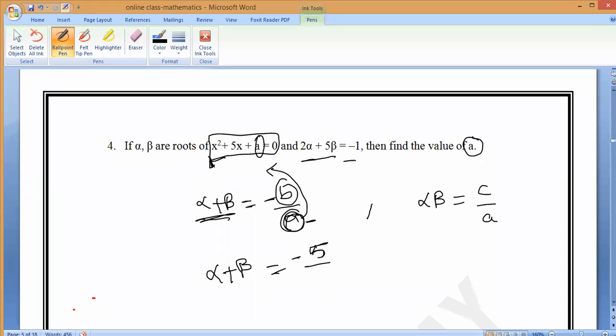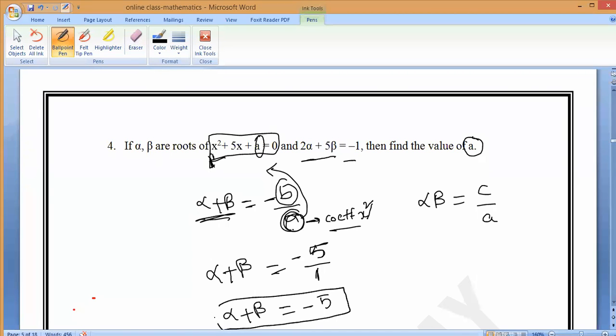It is the coefficient of x square. Do you understand? The constant c and the a are not the same. Instead of the constant, a is there. Both a's are not the same, remember that. What is a value? The coefficient of x square, it is 1. So alpha plus beta equal to -5.